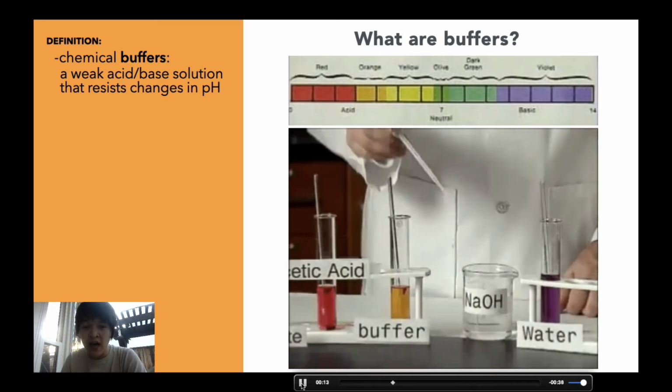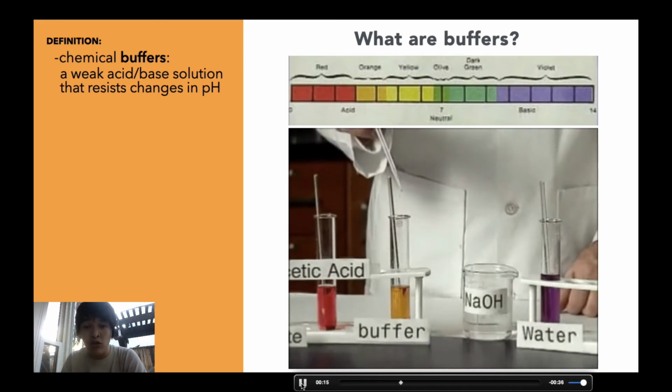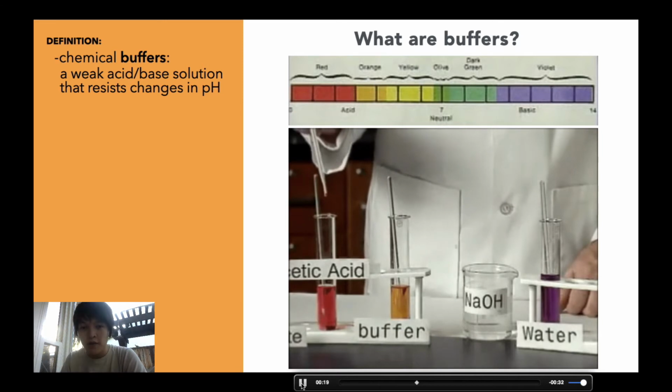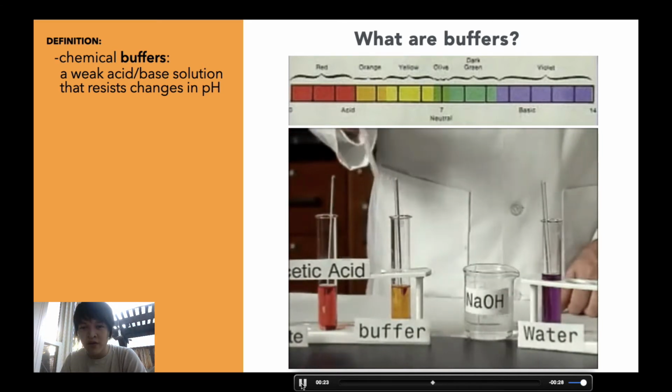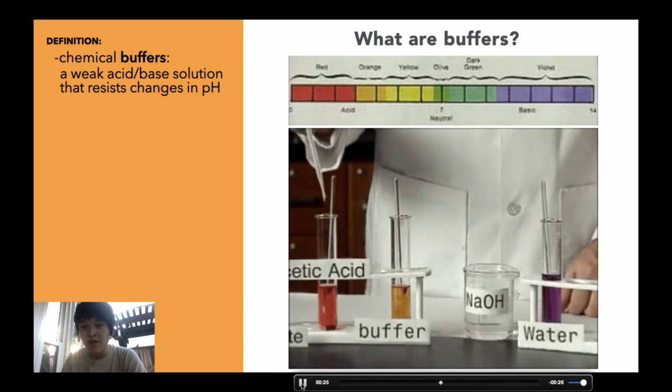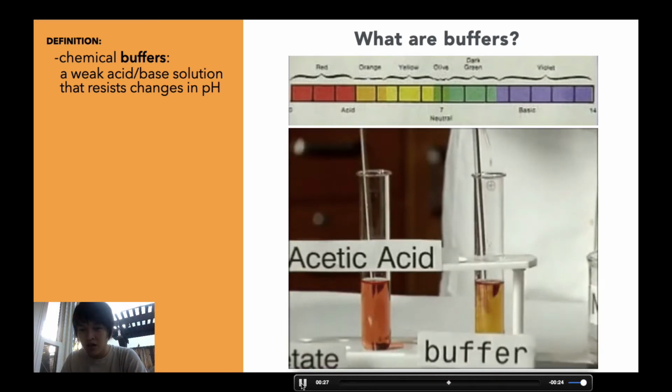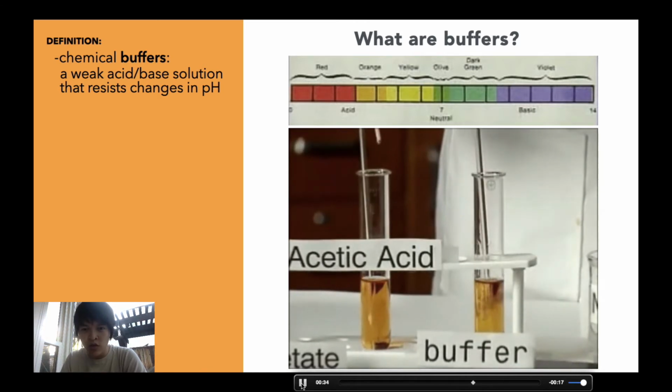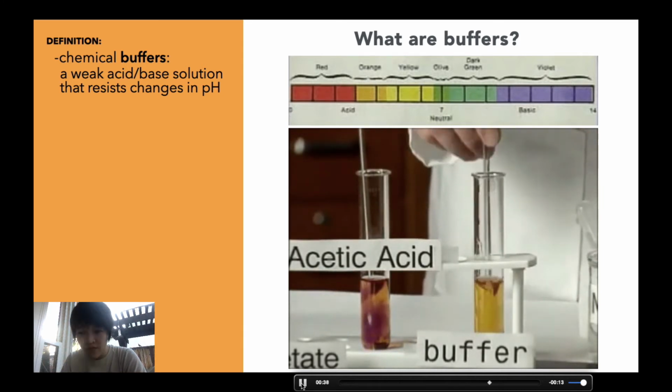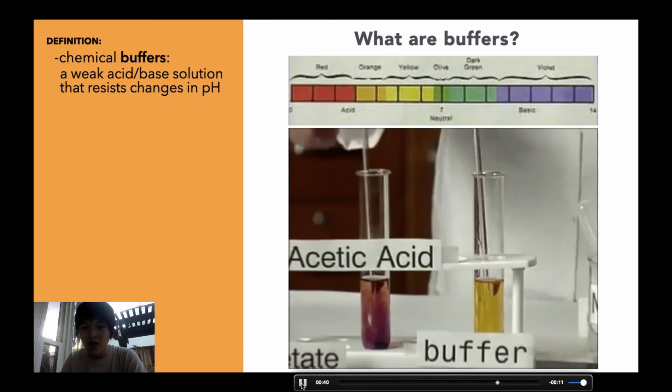Now he's going to be adding more and more of that strong base into the buffer and the acetic acid. So it's actually taking a lot more. And there he goes. He's adding even more of the strong base. Notice that the acetic acid is starting to change colors already. But look, the acetic acid is turning purple, right?